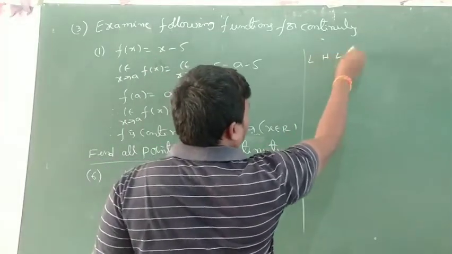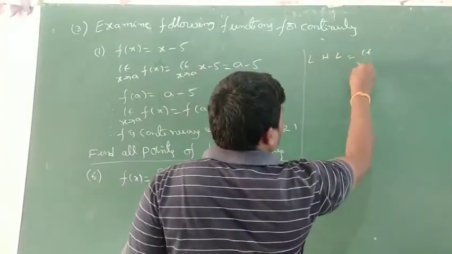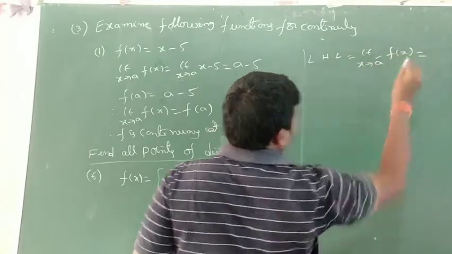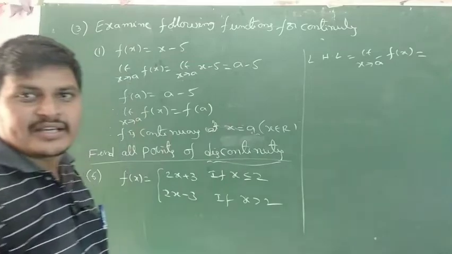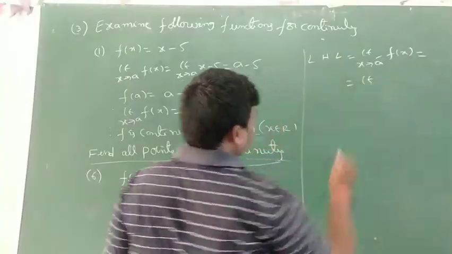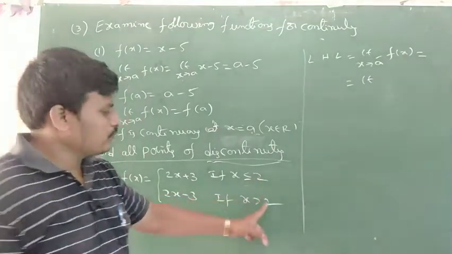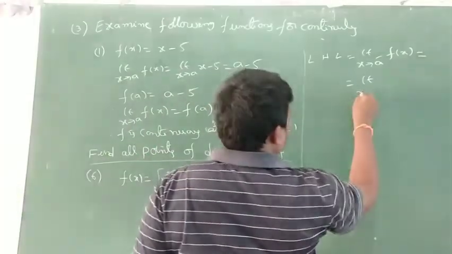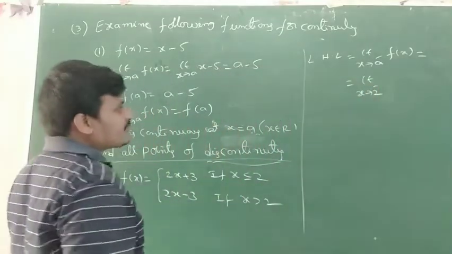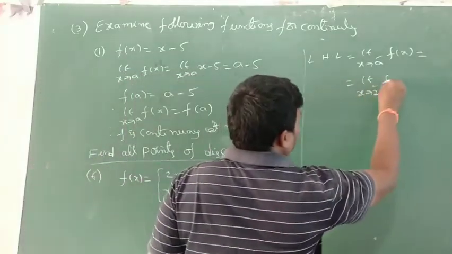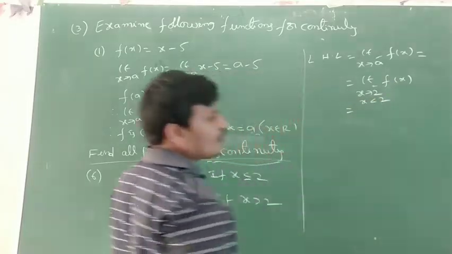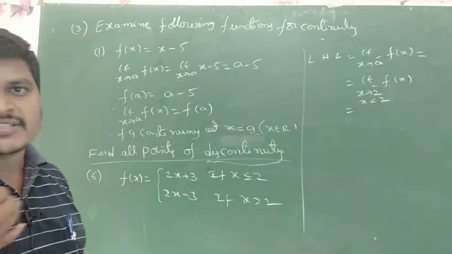LHL is equal to limit x tends to a minus of f of x. Here a is 2. So x tends to 2 minus of f of x. 2 minus means less than 2.